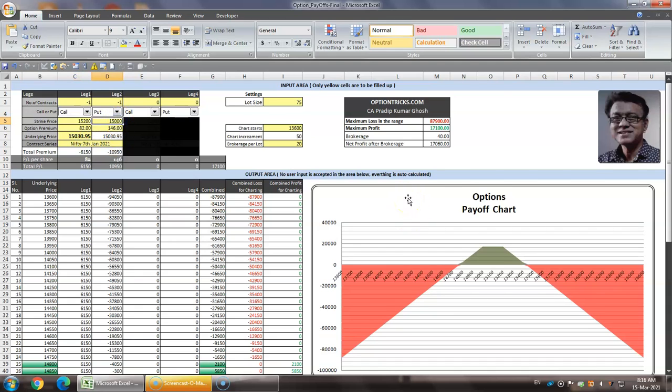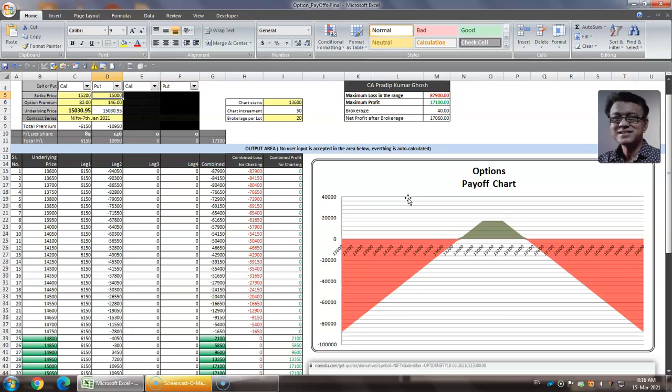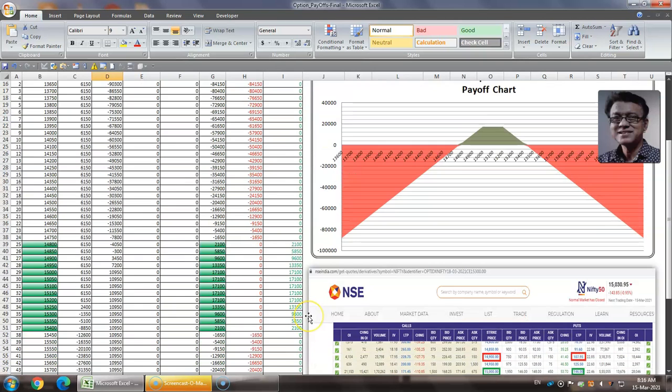If he takes this position, then his profit will be like this. This green area will be his profit and this red area will be his loss. So if the underlying price prevails between 14,800 to 15,400, he will be profitable. That also you can see here, 14,800, 15,400.